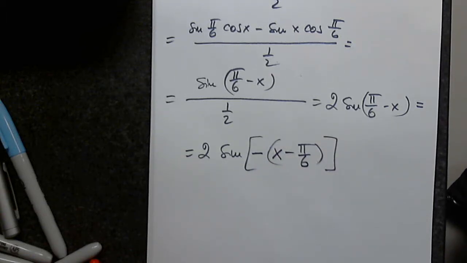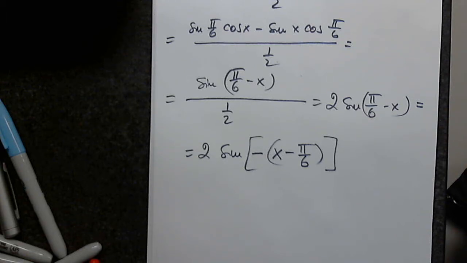And now I have to dig deep and ask myself, sine of a negative angle, is sine odd or even? So this is sine of negative alpha. If sine is even, then it equals sine alpha. If sine is odd, then it equals negative sine alpha.